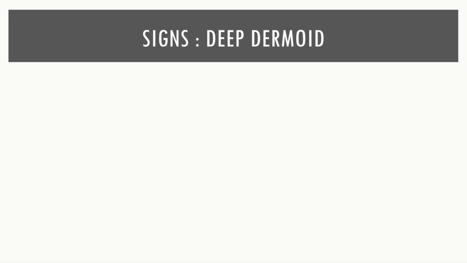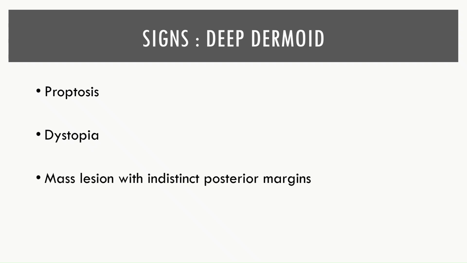Signs of deep dermoid. Deep dermoids present with proptosis, dystopia, and mass lesion with indistinct posterior margins. These suggest deeper orbital involvement.